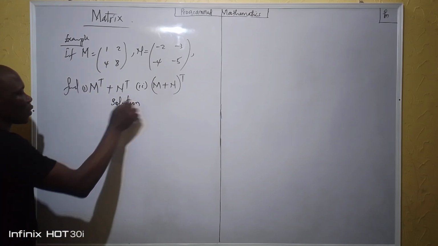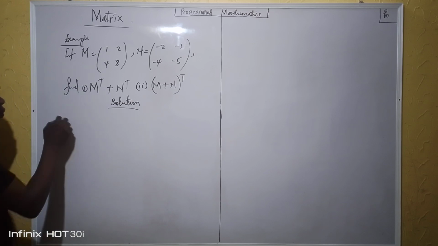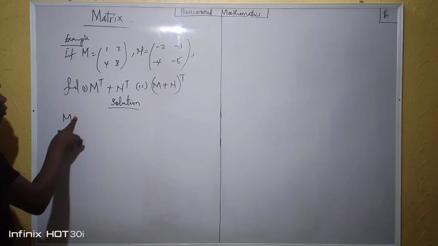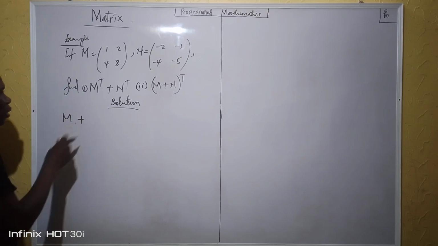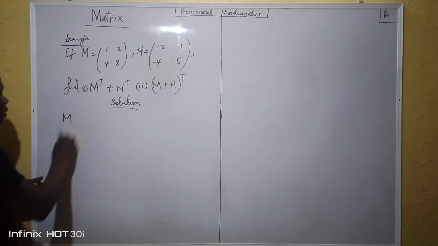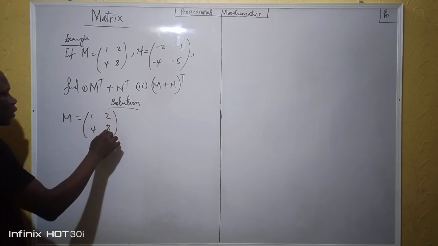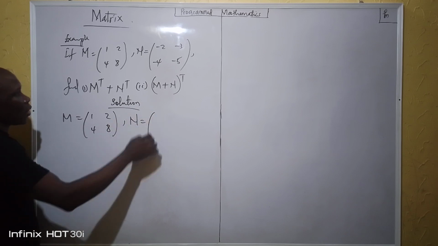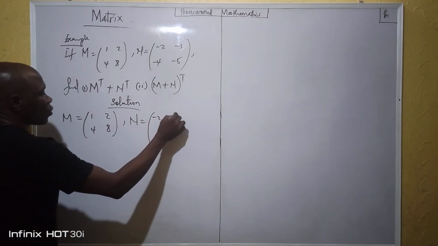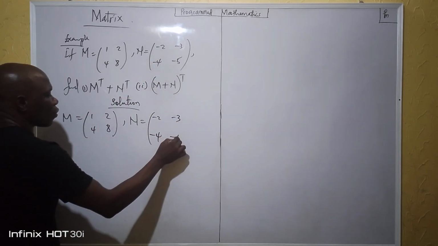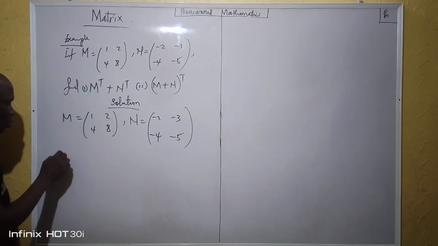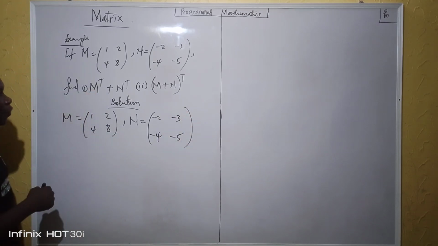This is not a difficult thing to do. So we have matrix M first, which is 1, 2, 4, 8, and matrix N is -2, -3, -4, -5. So we need to find matrix M transpose plus matrix N transpose.